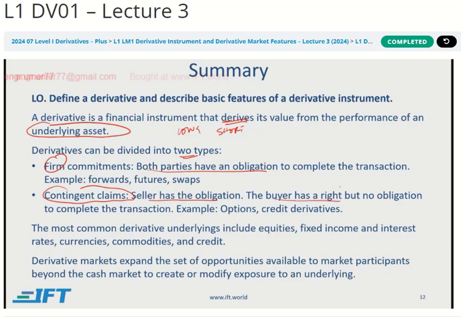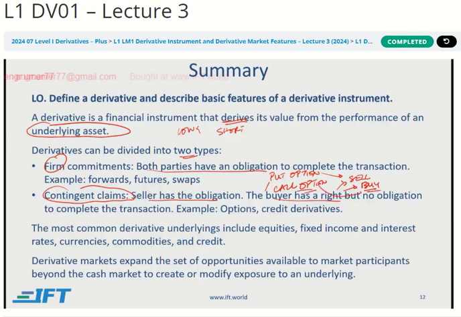Now that buyer could have a right to sell also, and they could have a right to buy also, depending on what is the type of derivative they are getting into. So if they are a buyer of, let's say, a put option, then they will have the right to sell. And if they are a buyer of a call option, right, then they will have the right to buy.